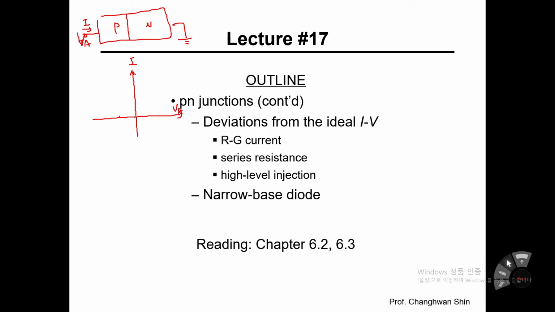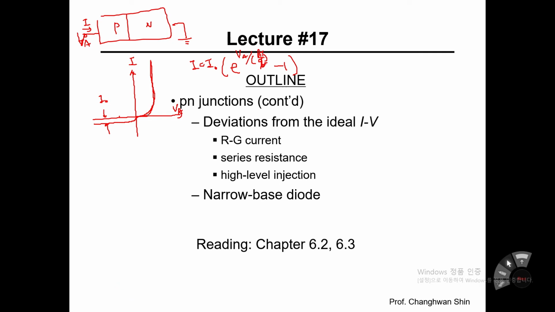Okay, the ideal diode current-voltage characteristic is this, and the diode equation is I equals I naught times exponential of VA over the thermal voltage, kT over q, minus 1.